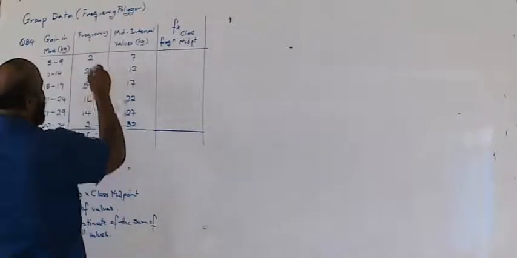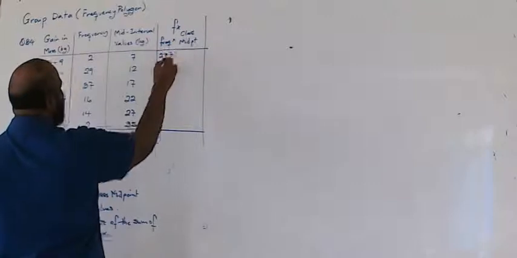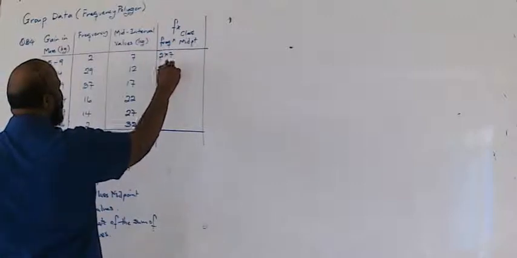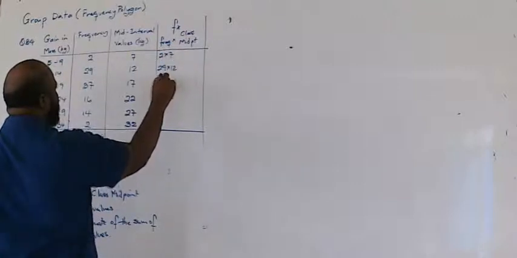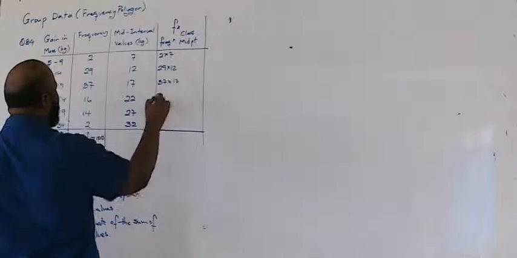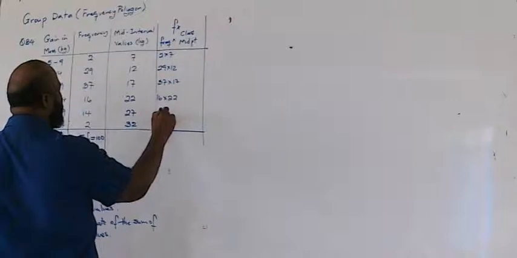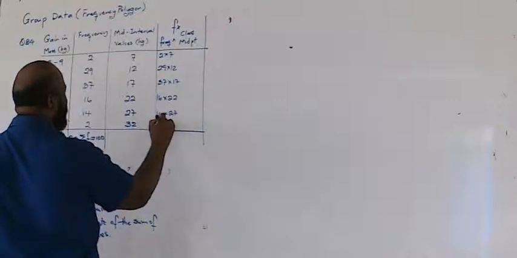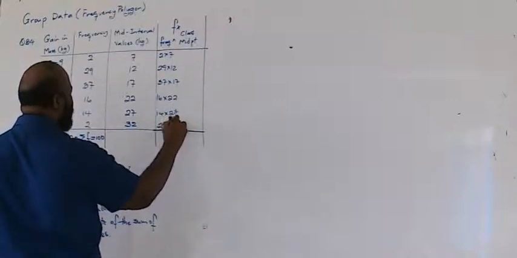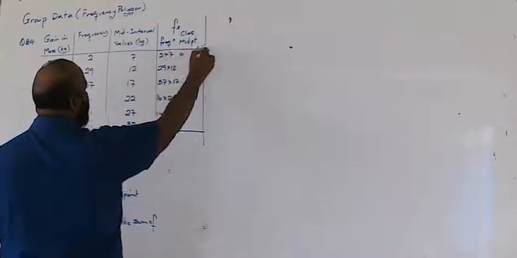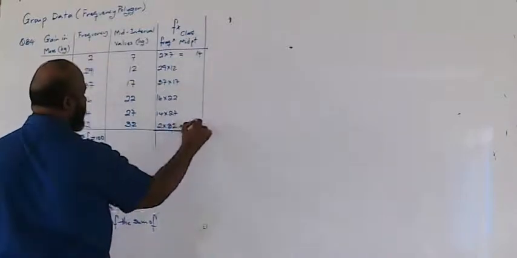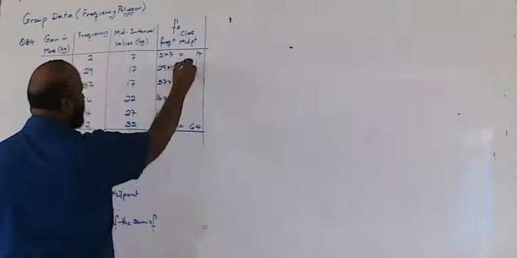So this is what? 2 times 7, 29 times 12, 37 times 17, 16 times 22, 14 times 27, 2 times 32. 14 here, 64 here.